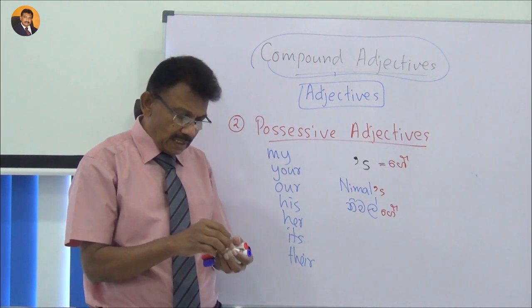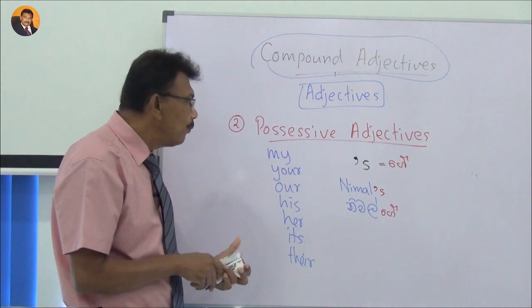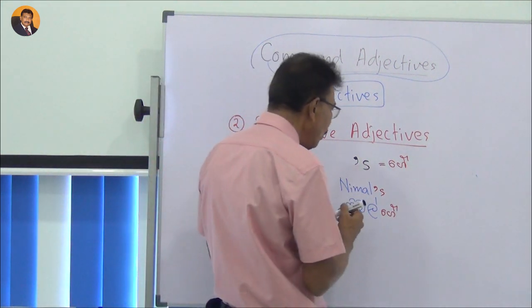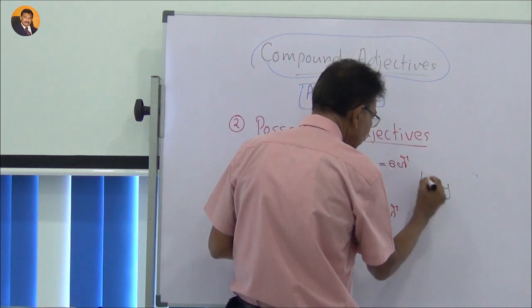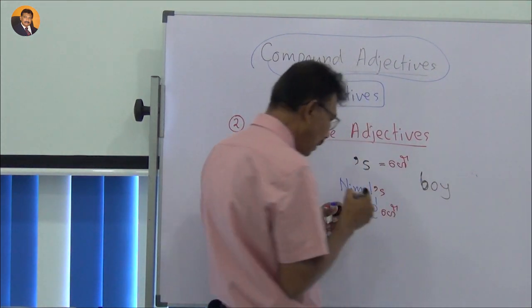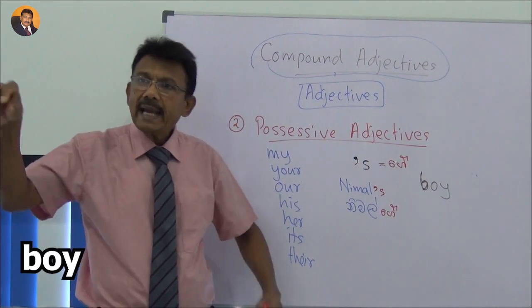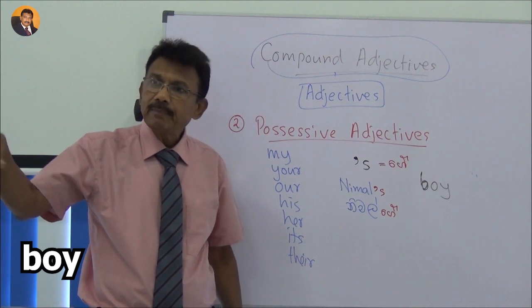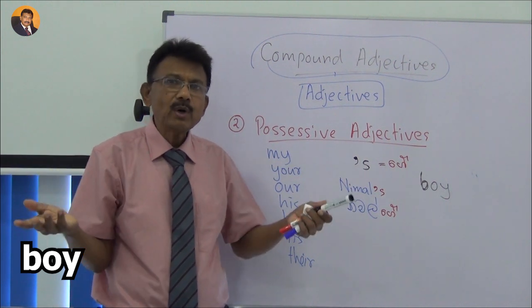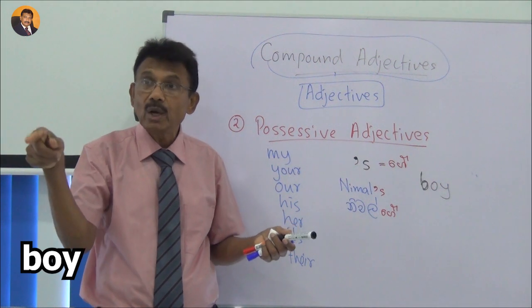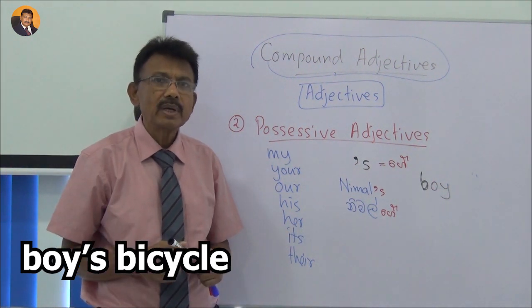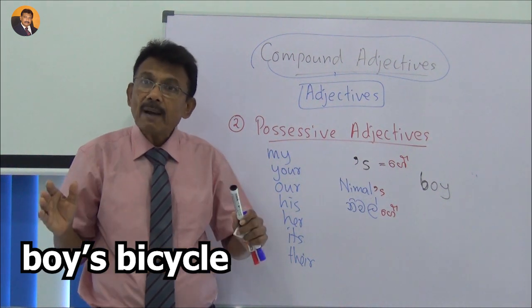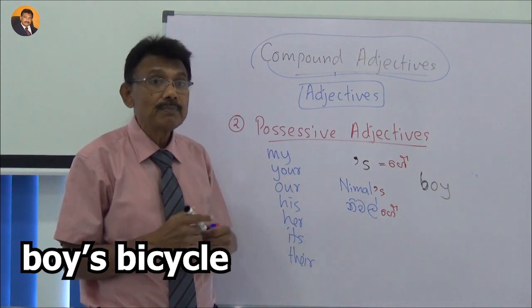And there is another thing I must teach you, right? When we say, now look at this, boy. Now I want to say that boy has a bicycle, and that bicycle belongs to the boy. How do you say that? Boy's bicycle. But if something belongs to lots of boys, what do you say?